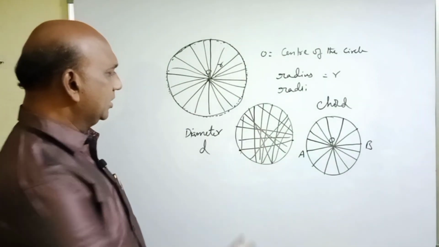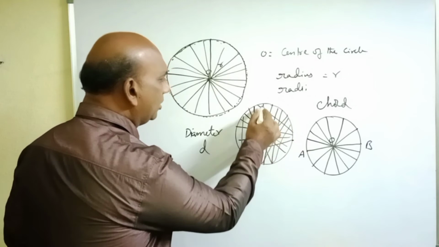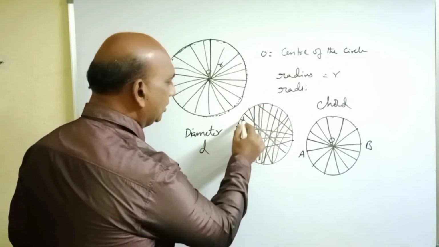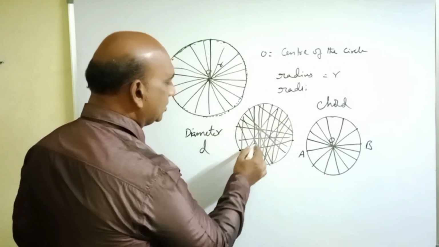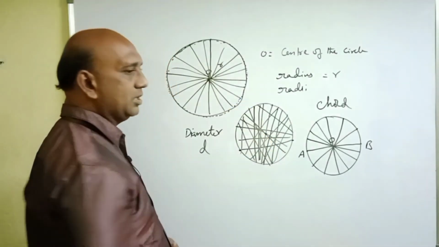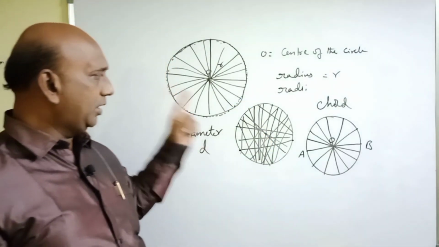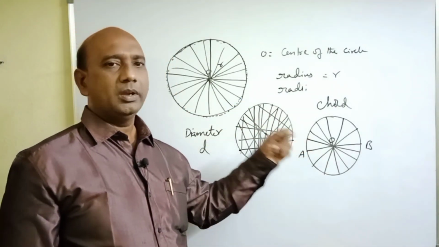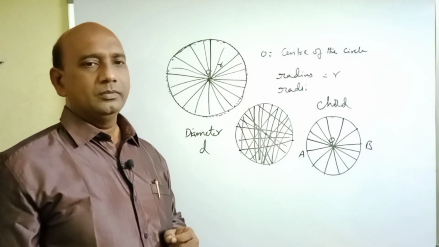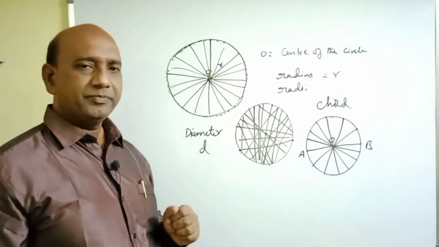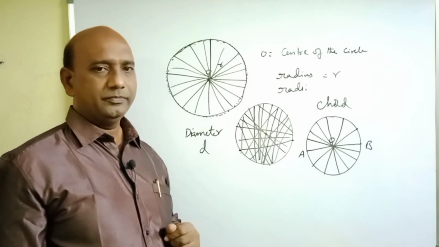Of all the chords, here I have drawn so many chords. Among these chords, some chords pass through the center of the circle. Of all the chords, diameter is the longest chord.